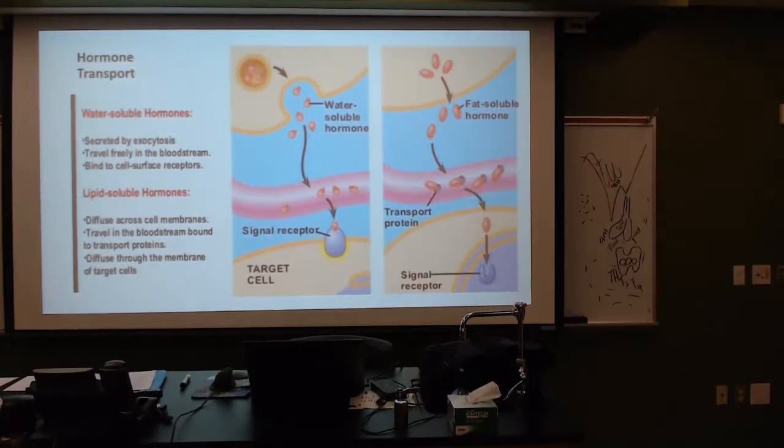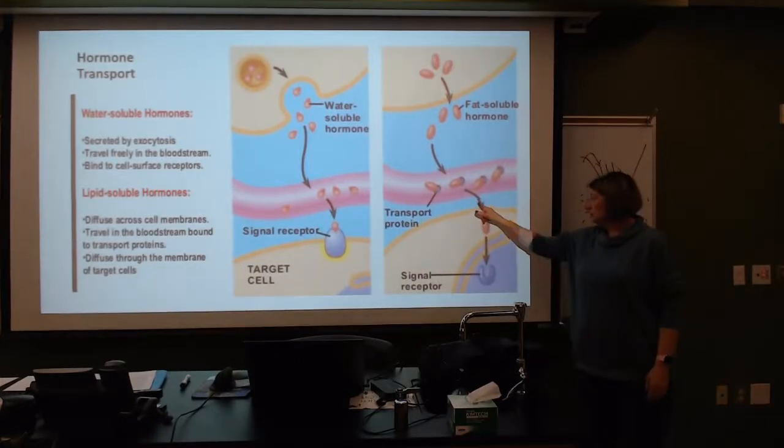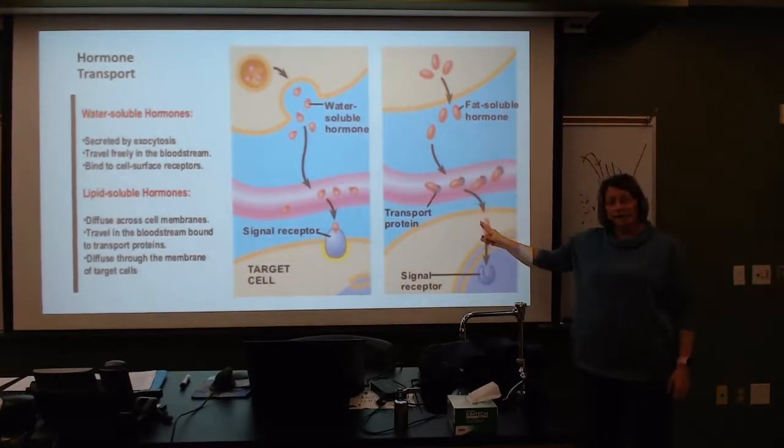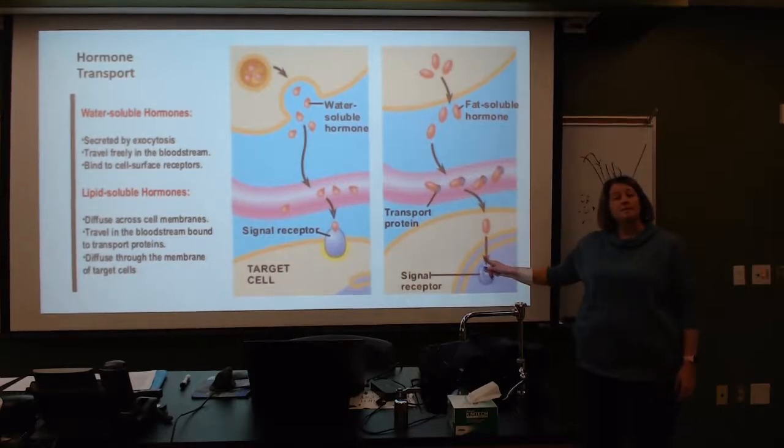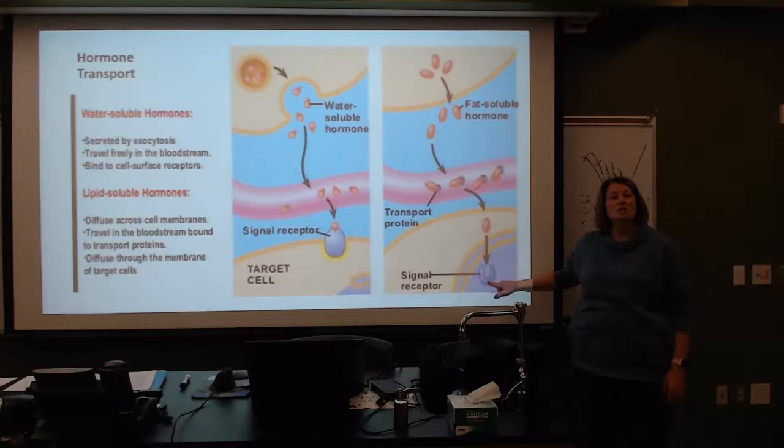So now, for the fat soluble, that actual chemical has made it through the plasma membrane, and it has made it through the membrane of my nucleus, and that means it gets to encounter what?